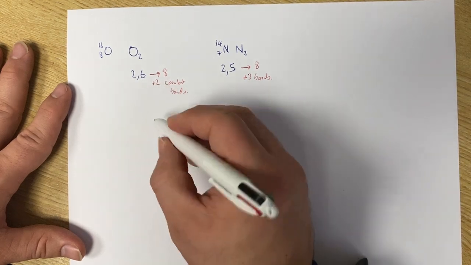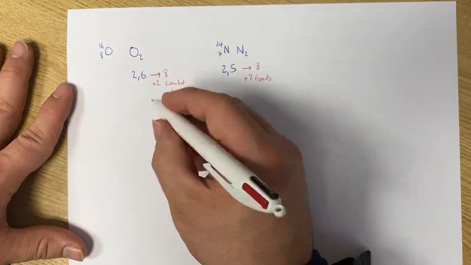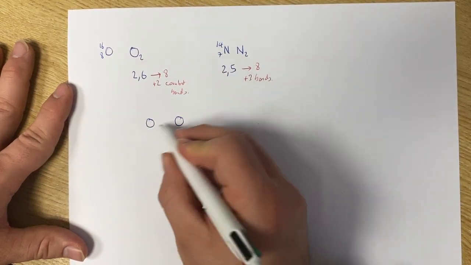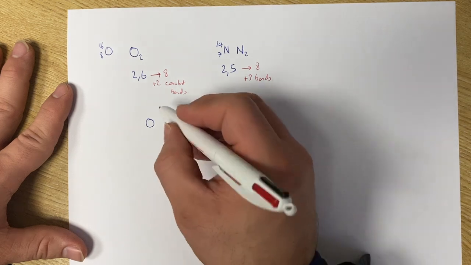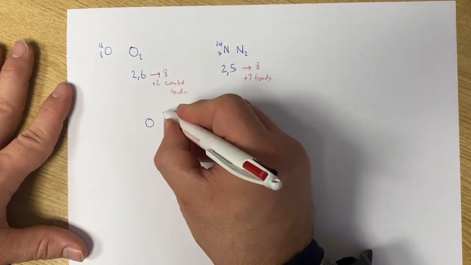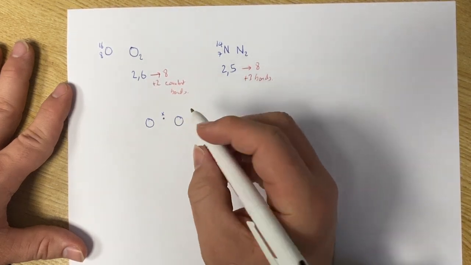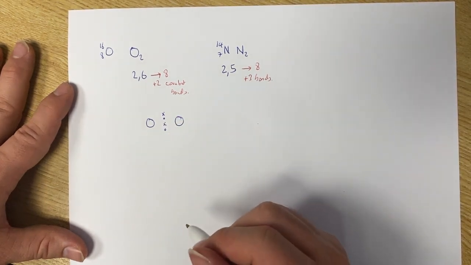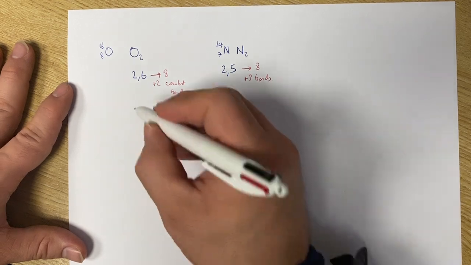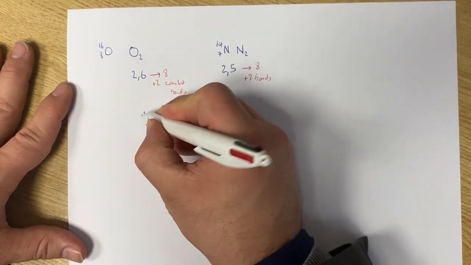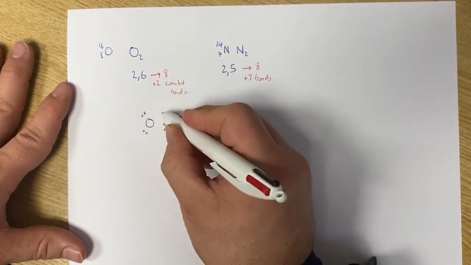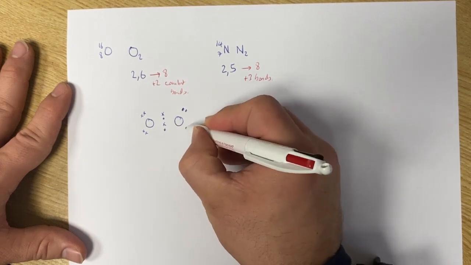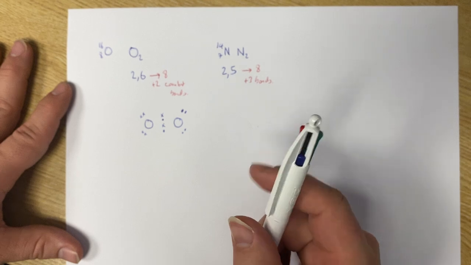In the case of oxygen, with elements, I've always got my 2 atoms, in this case my 2 oxygens, joined directly to each other. Because it has to have 2 covalent bonds, remember the covalent bond is always a dot and a cross, and a dot and a cross. So I put my 2 covalent bonds between my 2 atoms, and then all I have to do is make sure that it adds up to 8. 1 dot, 1 cross, all the way around, like so.